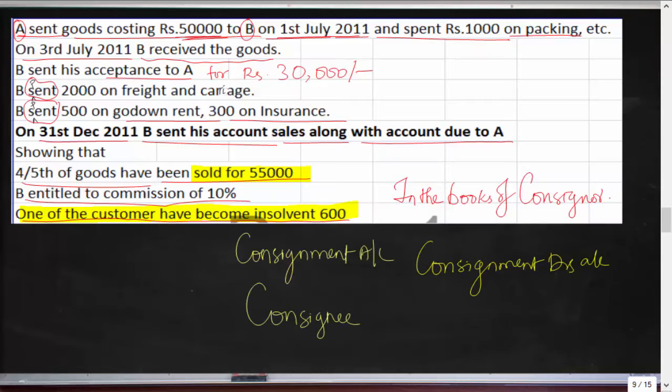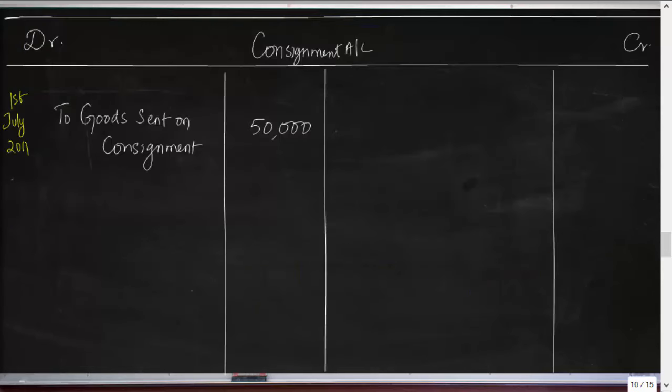Yes, it is 50,000. Then we have another information that apart from sending goods, Mr. A also spent rupees 1000 on packing. So this is the money which he spent for consignment purpose. So this should be debited to consignment and cash is going out. So the credit will go to cash. So we'll say to cash, because this is the amount spent by consignor and it is 1000.